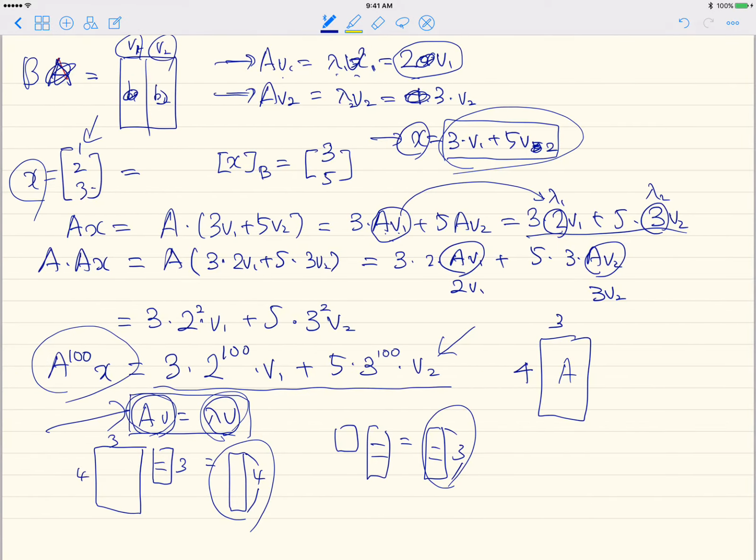Previously, in these eigenvector, eigenvalue equations, we first considered the eigenvector V, and then considered lambda, right? But in practice, when obtaining the eigenvalue and eigenvector, we first obtain lambda.